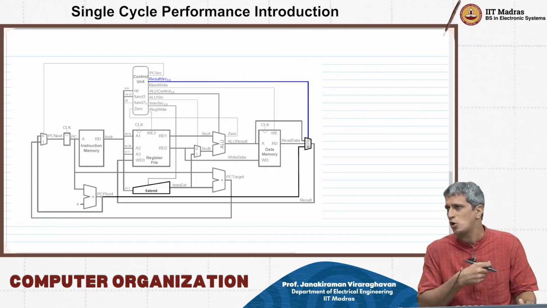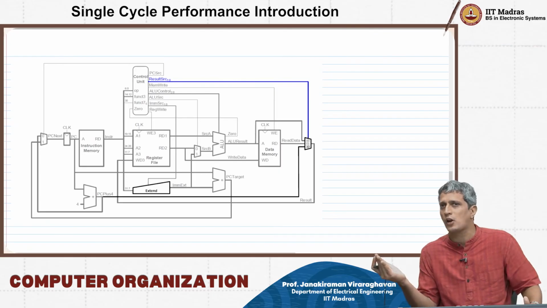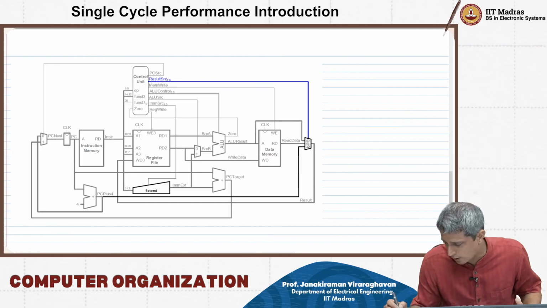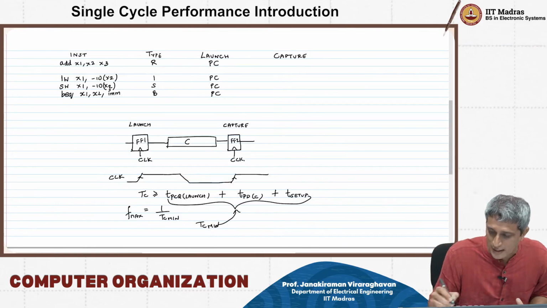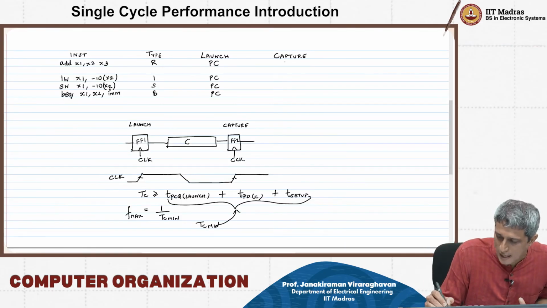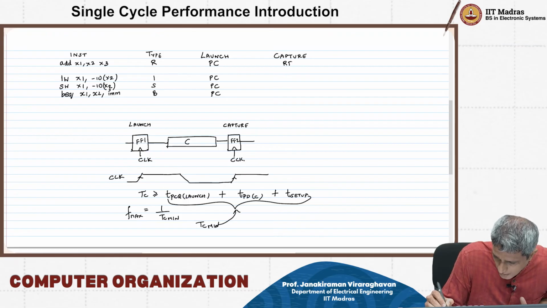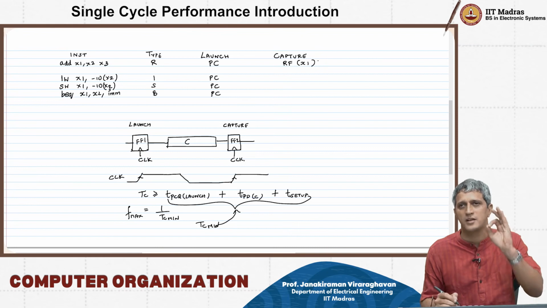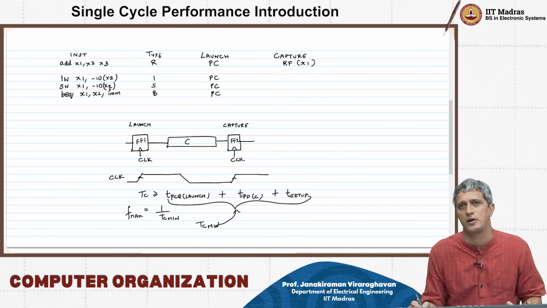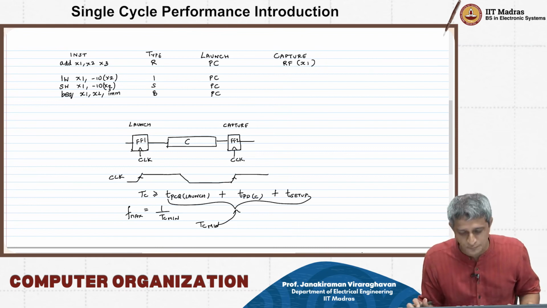You're going to read it, send it to the ALU, and then write it back into x1. Therefore, the capture flop in this case happens to be the register file, specifically the register x1 in this example that we chose.